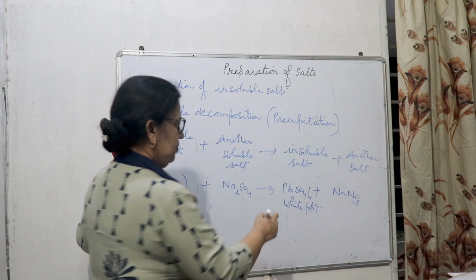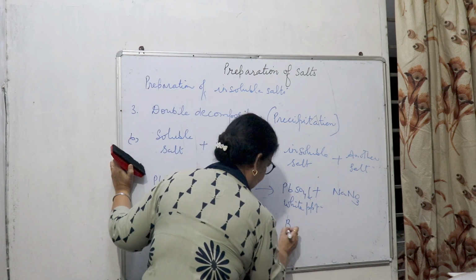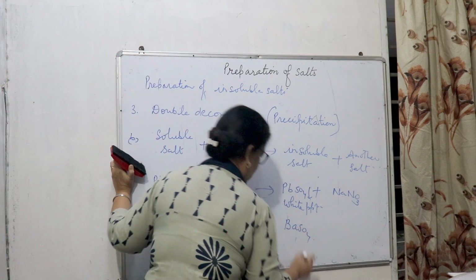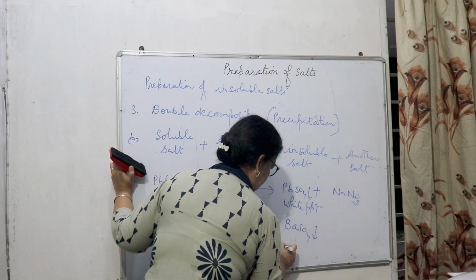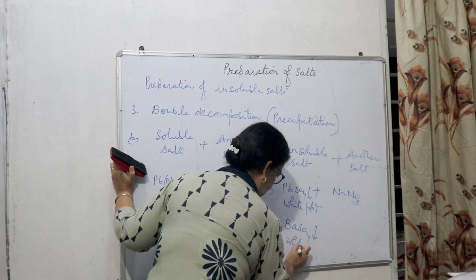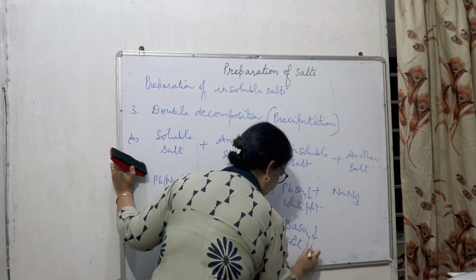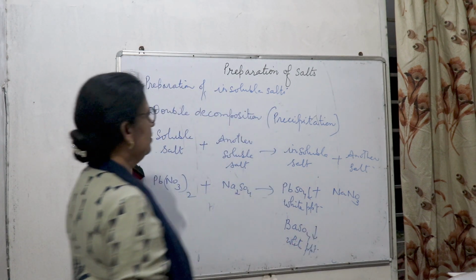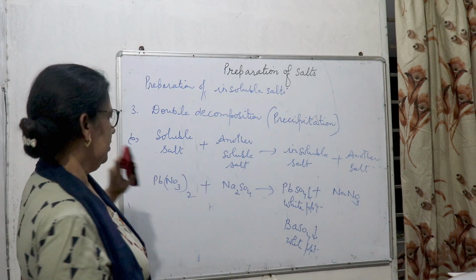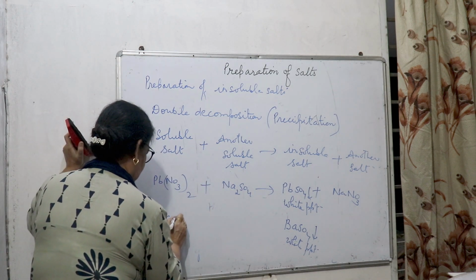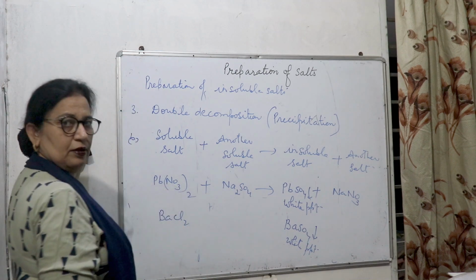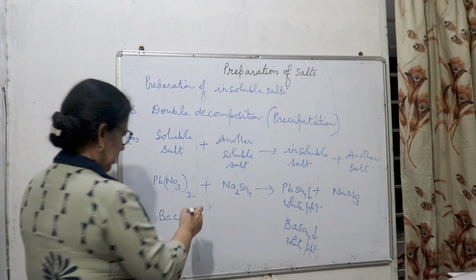Now suppose we want to prepare barium sulfate. We know that this is insoluble salt and this has a white PPT, and we want to use the method that is precipitation, double decomposition. What we are going to take is barium chloride. This is soluble salt.